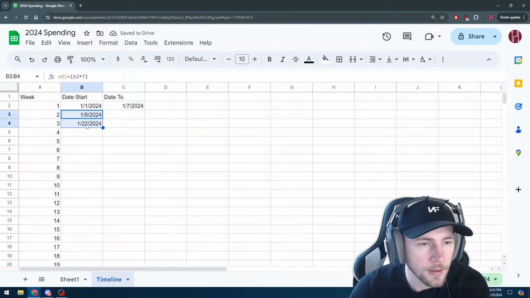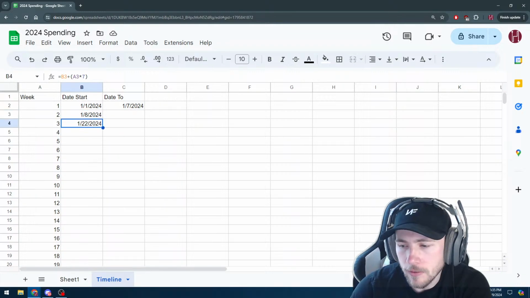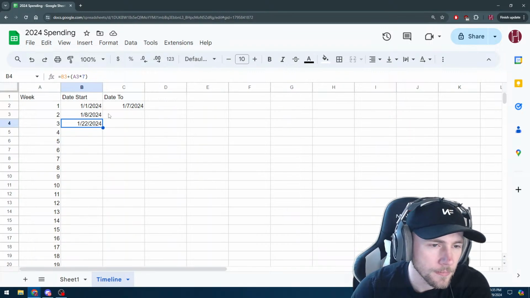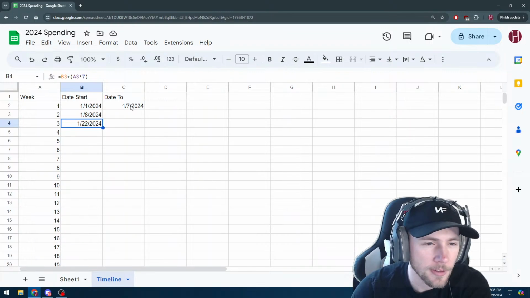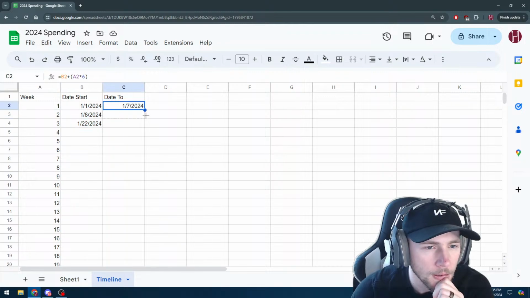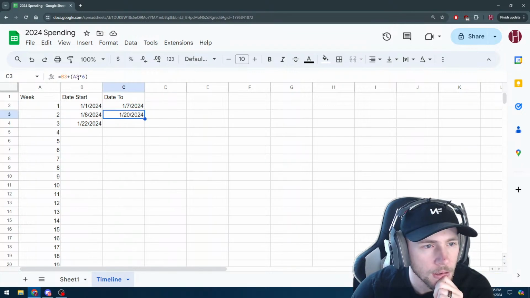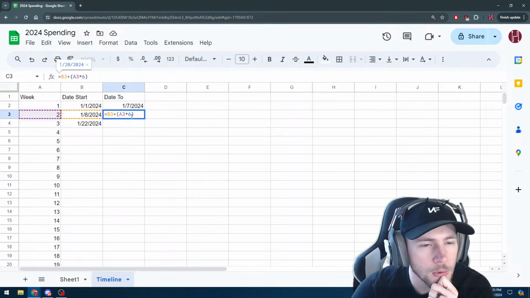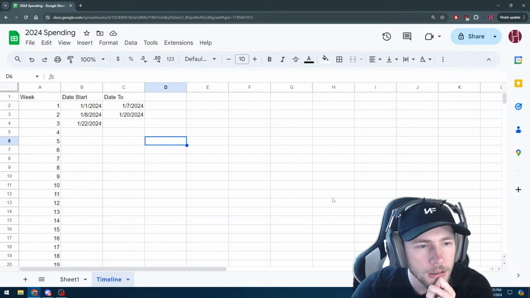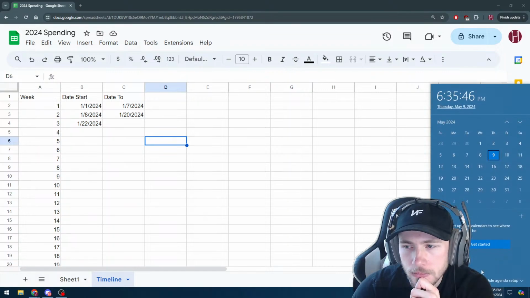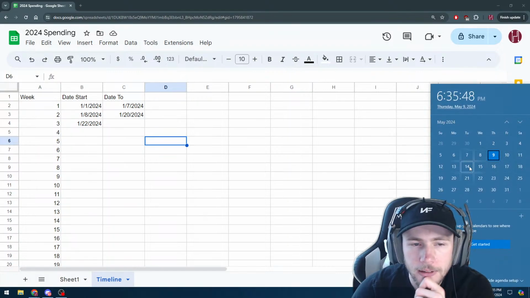1, 8, 27. 27 feels wrong, doesn't it? Or 22. Why am I saying 27? I think these ones should be right. A3 times 6. Then that's 12 when it should be 13. Let me see.